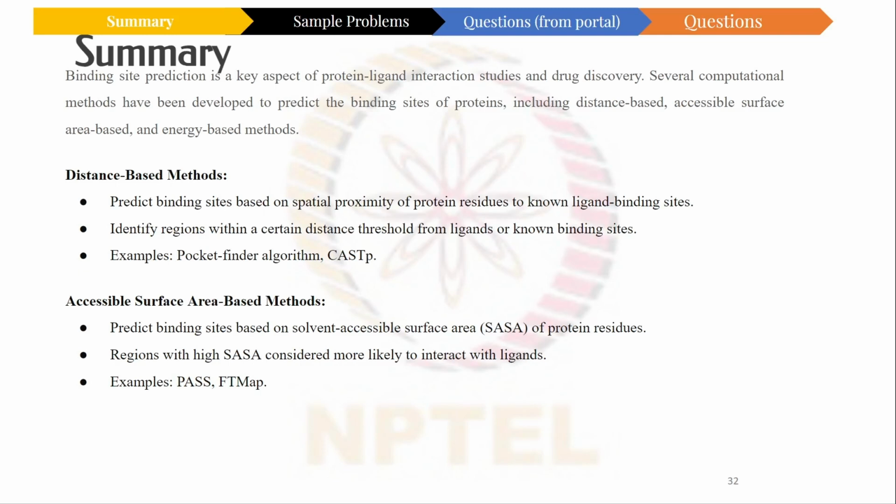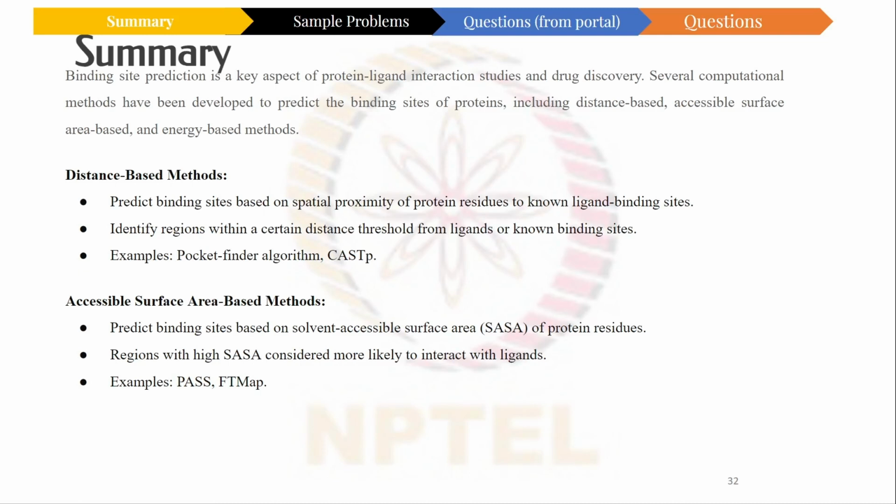Then we have accessible surface area based methods. These predict the binding sites based on the solvent accessible surface area of protein residues. Here we have the GETAREA method or DSSP-based methods. Given a complex molecule, first calculate the surface area accessibility in the complex. Residue 1 has solvent accessible surface area X1, residue 2 has X2.